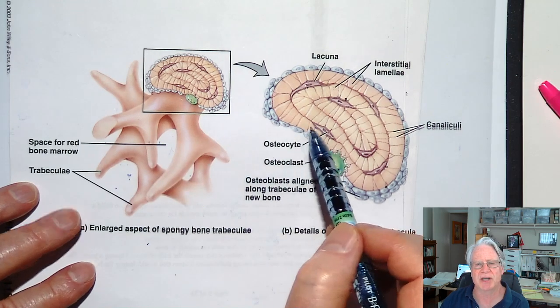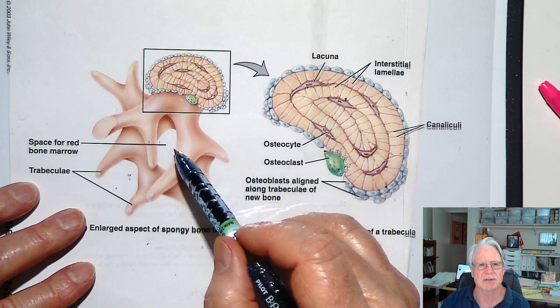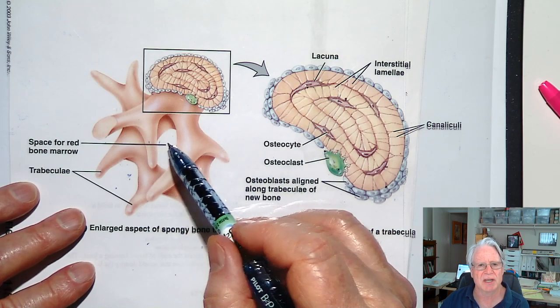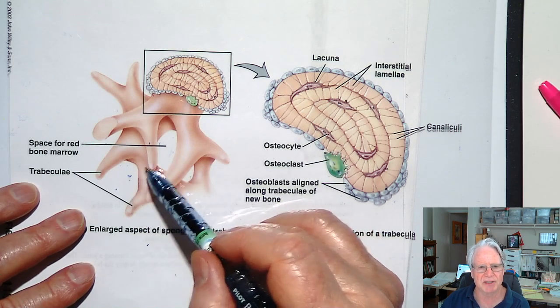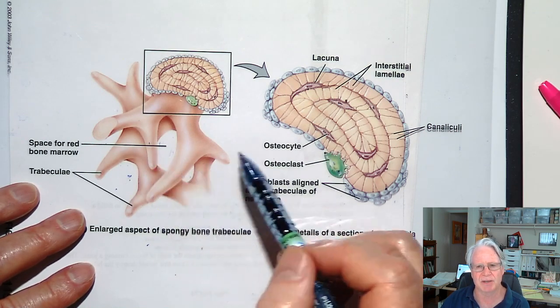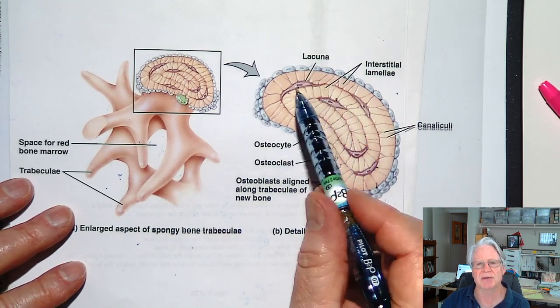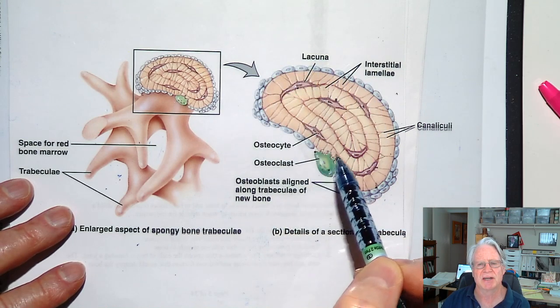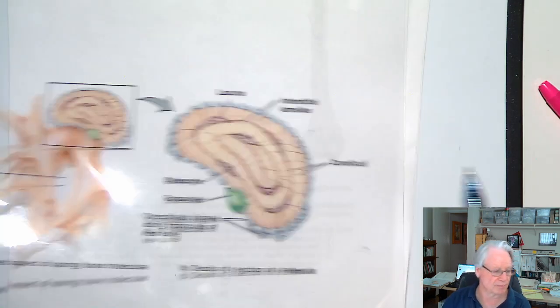And so the transfer of nutrients and waste is happening directly into this space here. That space is oxygen rich, has nutrients, and has the capacity to take away waste materials. There are blood vessels within that mixture of red bone marrow, so these cells are close enough to that outer surface in the trabeculae for that process of exchange to take place quite efficiently.